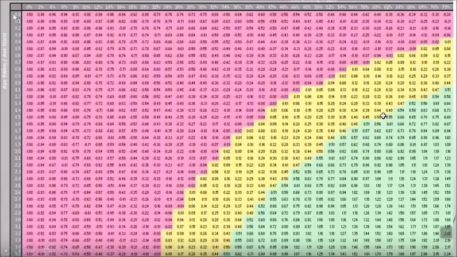And on the y-axis, you also have the reward to risk ratio. So basically, the way that you use this, these results here are the values of expectation.